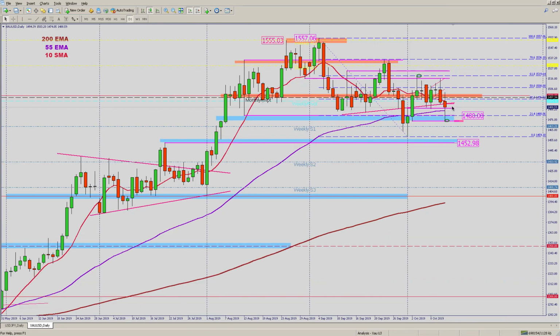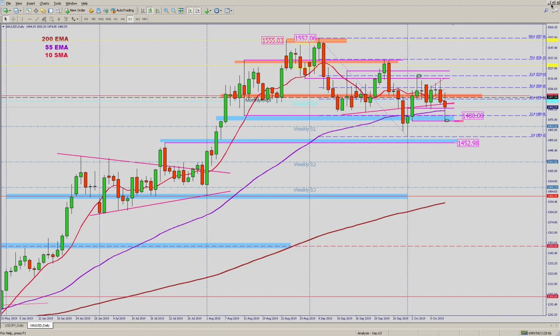So over the next couple of days, we'll see what the reaction is, or whether it will continue to bounce back up to retest this resistance area, previously support, and whether there's going to be a bearish continuation move down lower below the swing low on Friday. Right, so it's at a critical area now.